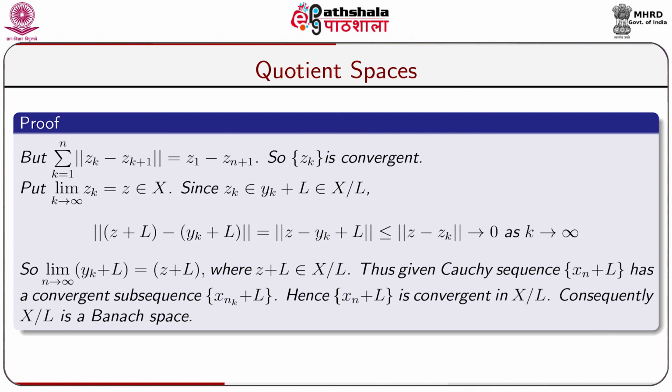But the sum for k = 1 to n of zk − zk+1, which on simplification we get z1 − zn+1.